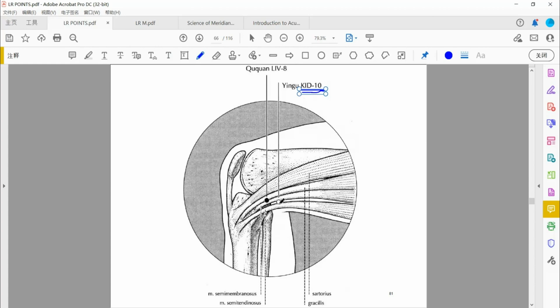Kidney 10 is between these two tendons. And Liver 8 is about 1 cun anterior to Yingu, Kidney 10.